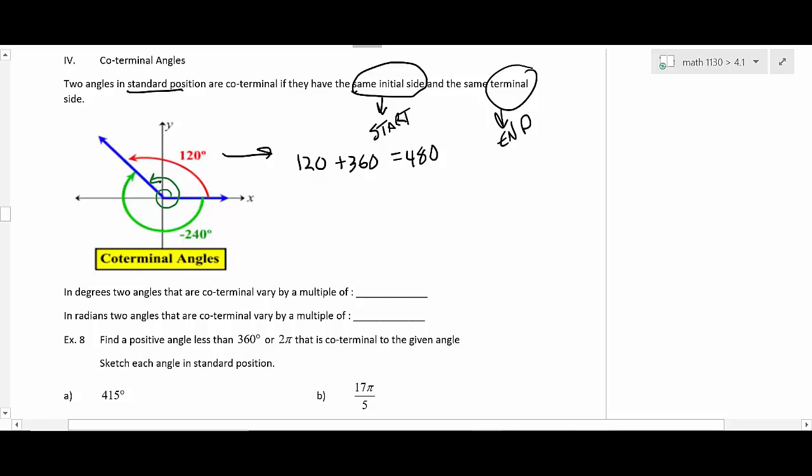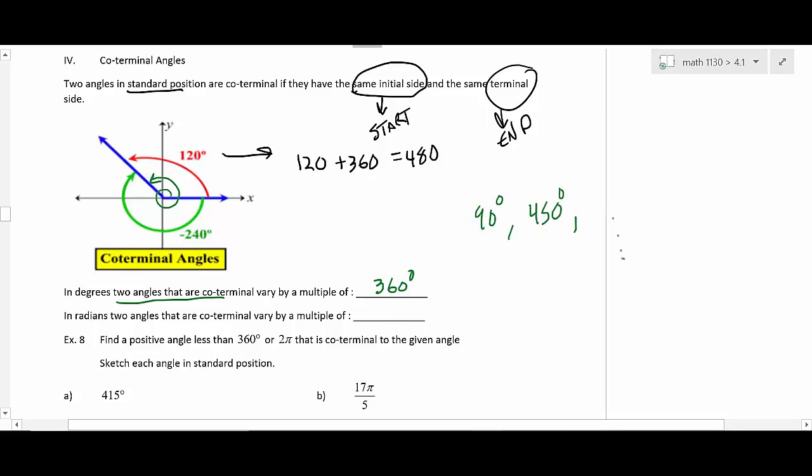So coterminal angles are always 360 degrees apart. It just means more and more laps around the circle, either clockwise or counterclockwise. But they start at the same place and they end at the same place. So in degrees, two angles are coterminal if they vary by a multiple of 360. In other words, you would have like this, 90 degrees, 450 degrees.